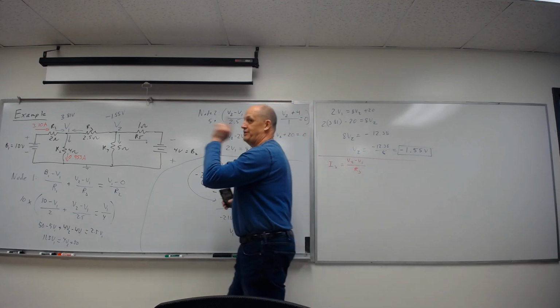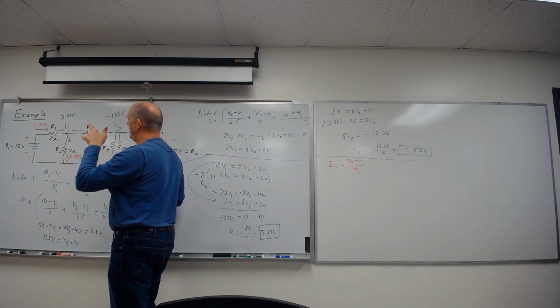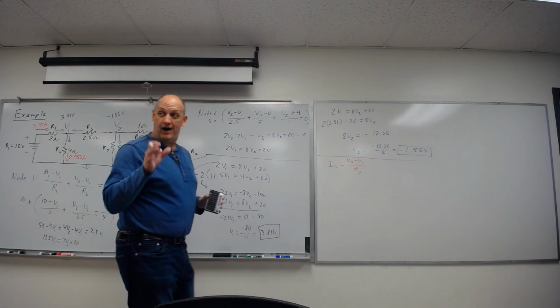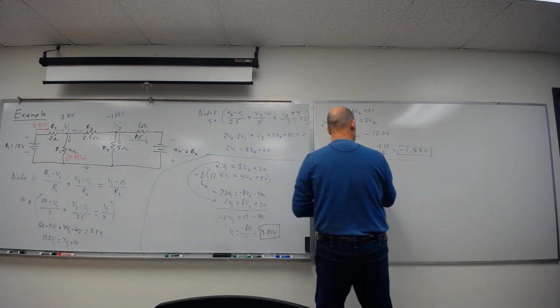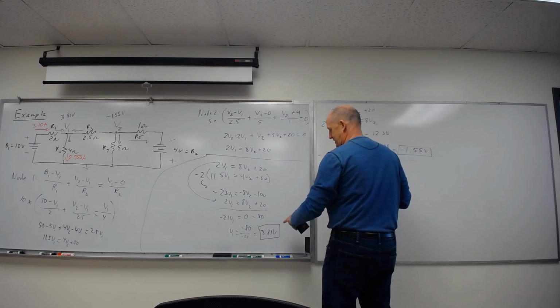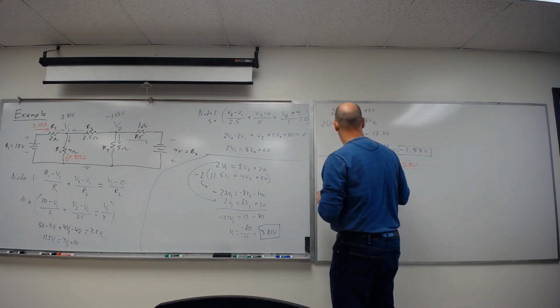Because I wrote it going this way. I'm sorry. Yeah, that's right. This voltage minus the other voltage over there. So if I were to write it out now, it all works for my numbers. This is minus 1.55 volts minus 3.81 volts, all divided by, is that 2.5 ohms? Yeah, 2.5 ohms.